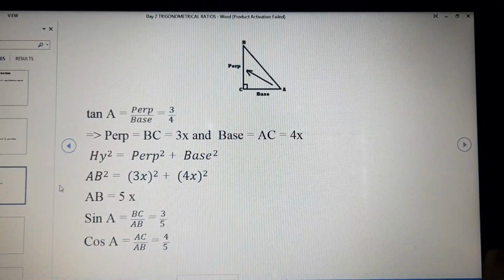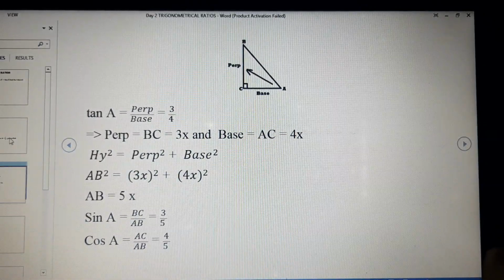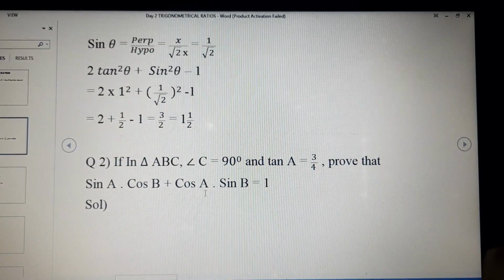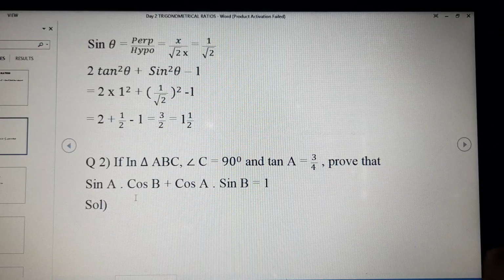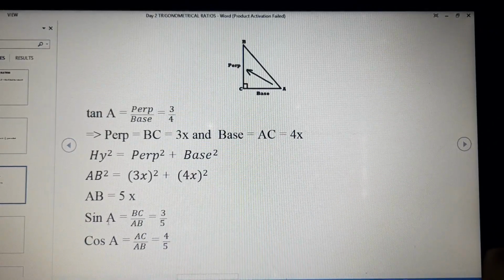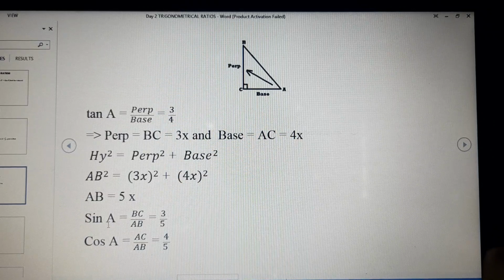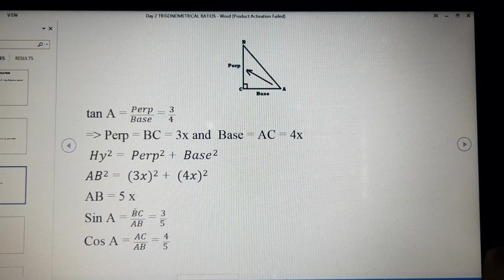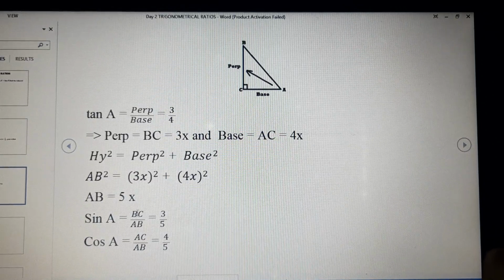If you see, what we have to prove involves sin A, cos A, sin B and cos B. So we need to calculate the value of all four. Clear? Sin A, as we are taking angle A just now, so according to angle A, the sin A definition is perpendicular upon hypotenuse. According to angle A, BC is perpendicular and AB is hypotenuse.